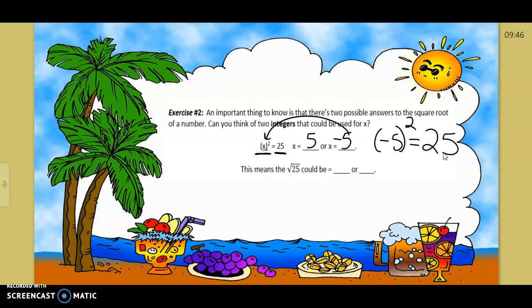So this means that the square root of 25 could be both positive 5 or negative 5. And you're going to find that we write this today instead of as 2 numbers, but as 1 5 with a plus and a minus in front. So you're going to have to get used to seeing that as a way to write both answers, both the positive 5 and the negative 5. Okay?